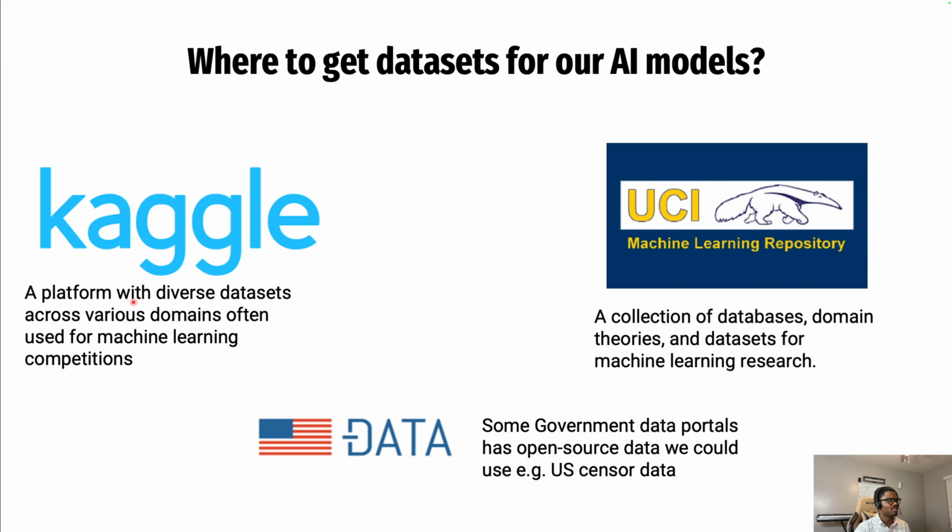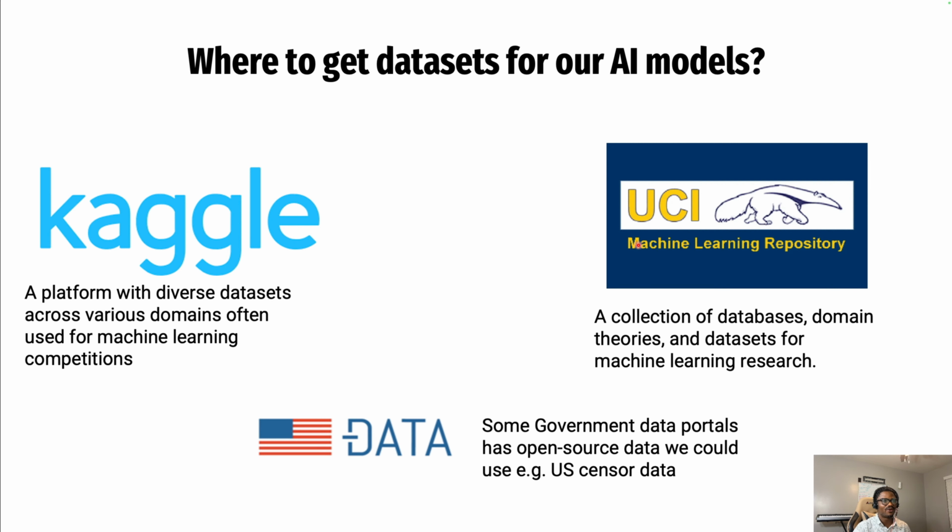This is a platform with diverse data sets across various domains, used for machine learning competitions. We can get our data sets from there, and we can even participate in the competitions. You can go to kaggle.com and see they have some competitions. You subscribe to the competition, you write AI code, and if you win, they will give you some money.